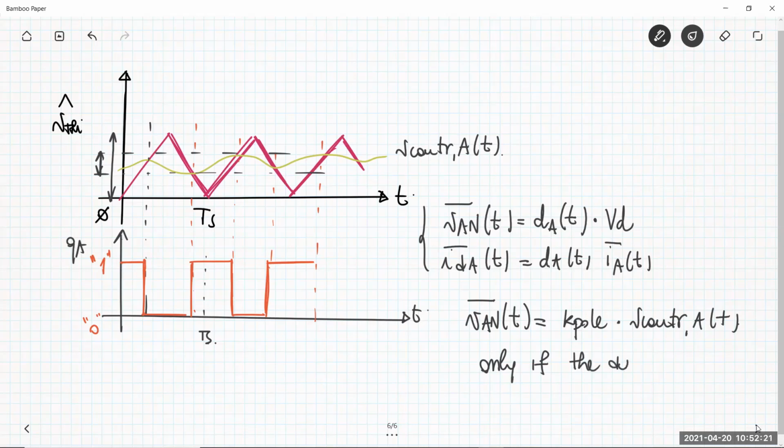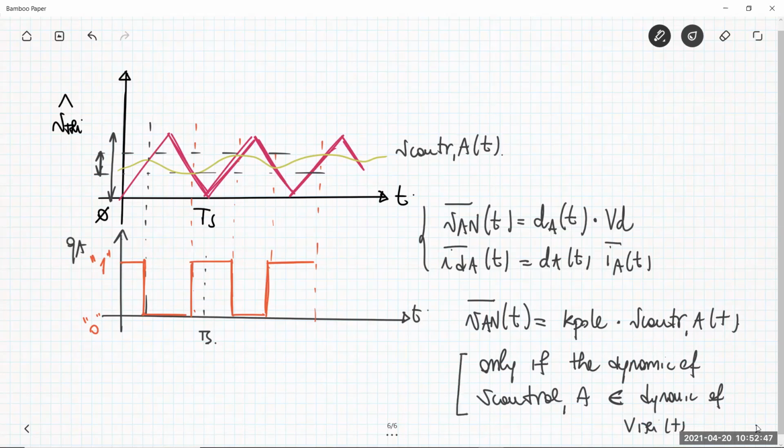Remember, only if the dynamic of V control of t is included in the dynamic of V triangular.